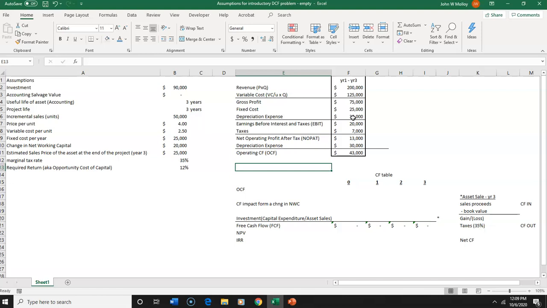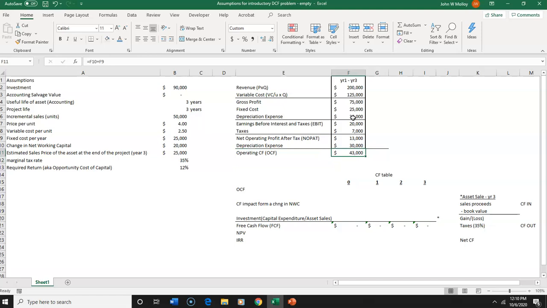The reason I added back depreciation is, if I'm looking to get cash flow, I have to understand that my profits, my net income type profits, subtract depreciation to get to net income. But depreciation is not a cash expense, okay? So that's why I have to add back my depreciation to get back to an operating cash flow, okay?